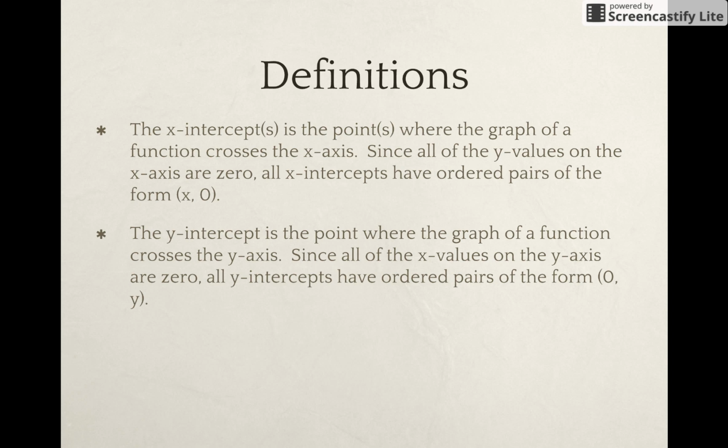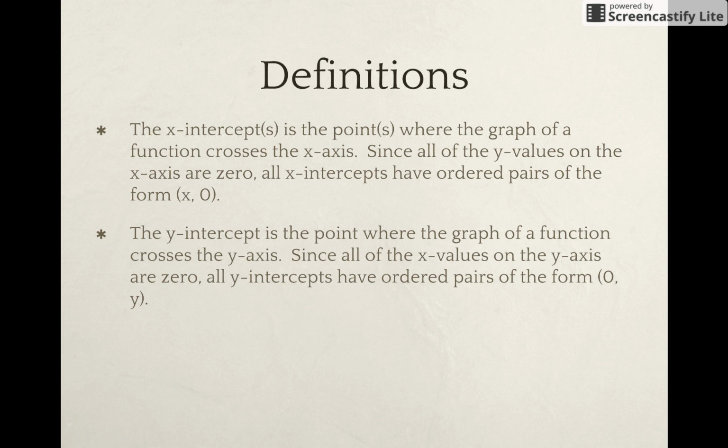You'll recall from App 2, we defined the x-intercept and y-intercept. We restate those here. The x-intercept is the point or points where the graph of a function crosses the x-axis. And you'll remember from App 2 that all of the y values on the x-axis are 0.